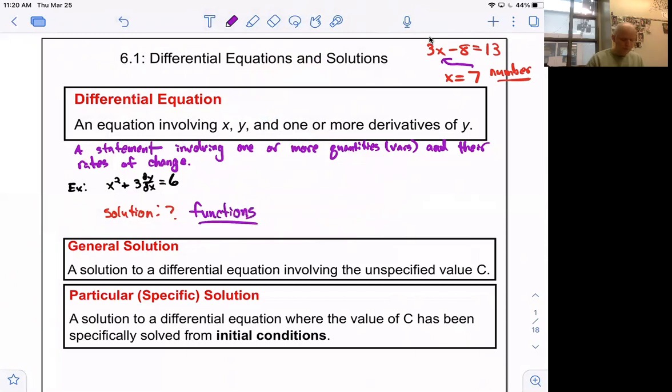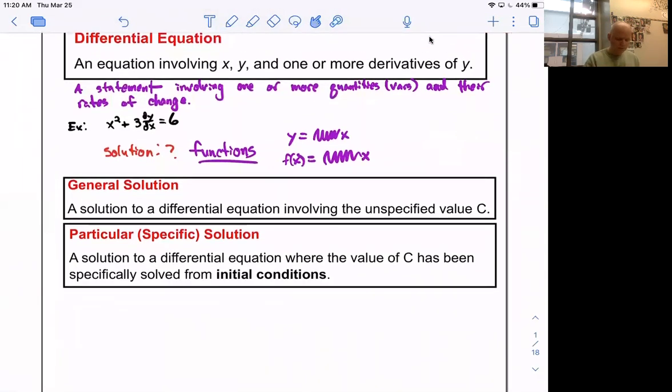Rather than numbers, the solutions are functions, like y equals this thing of x, or f of x equals sine of 2x or something like that. It is basically going to be a function itself that will solve the differential equation.